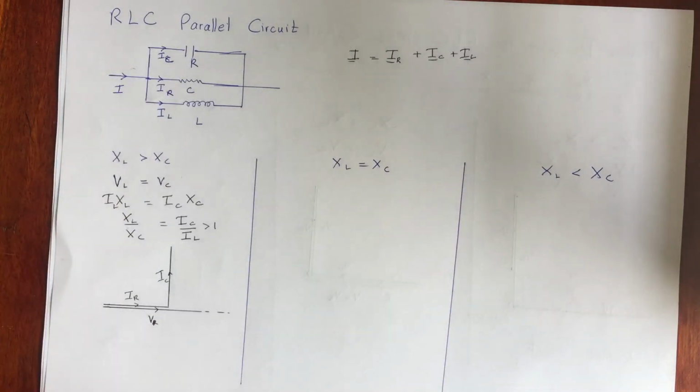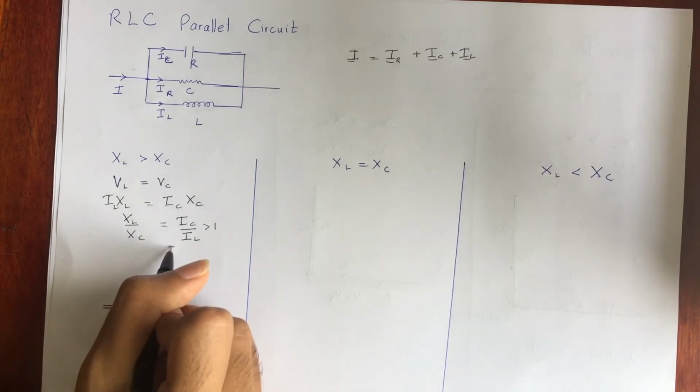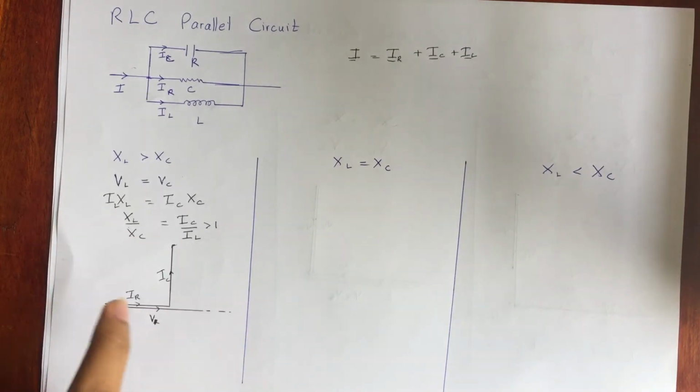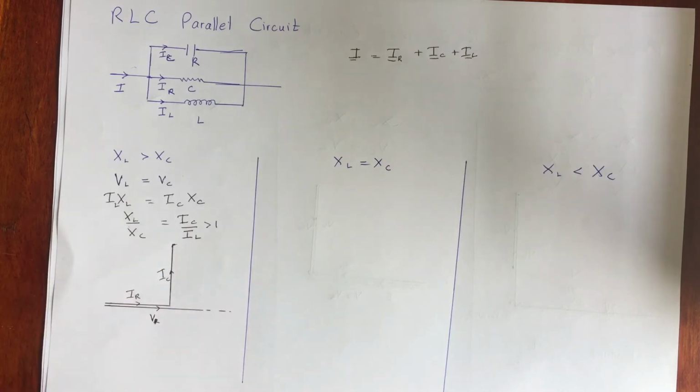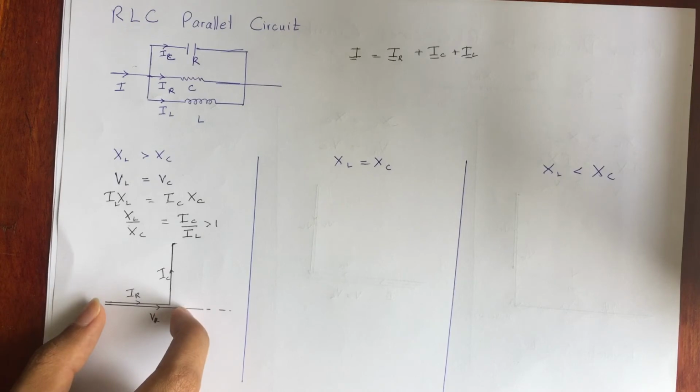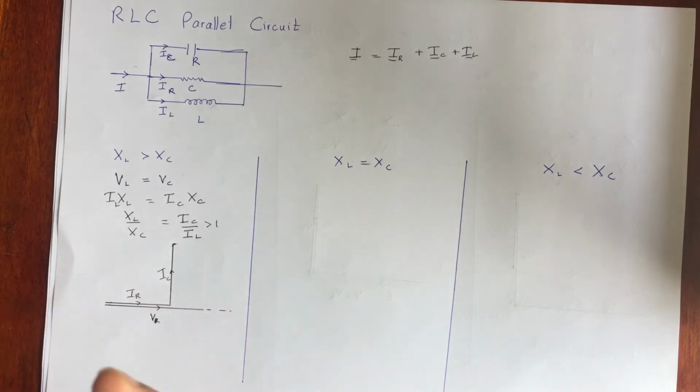The next part is we need to draw the IL. How to draw that? From this point we need to draw the IL, but we knew that IC is greater than IL, and the next thing is we need to figure out whether it's going to be in the plus y direction or minus y direction. You can easily figure it out because when we are using the inductor, the voltage phase will lead the current through that inductor.